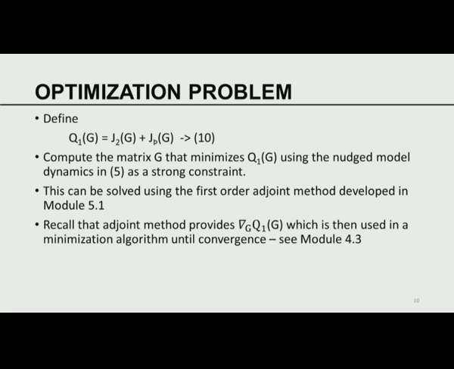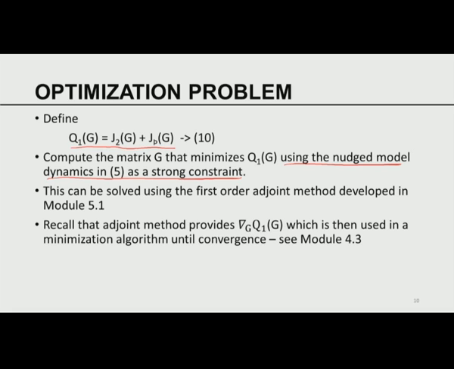Therefore, I am now going to conjure up a new criterion, Q1 of G, which is the sum of J2 plus JP. Why do I call it J2? Because it is a 2-norm; JP, P for the penalty term. So compute the matrix G that minimizes Q1 of G, where the nudging dynamics is used as a strong constraint.